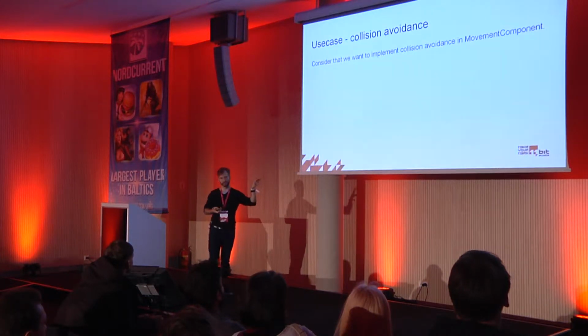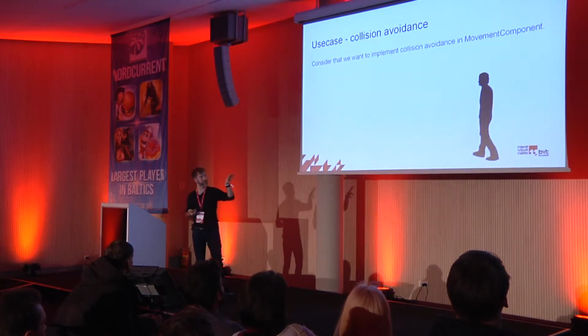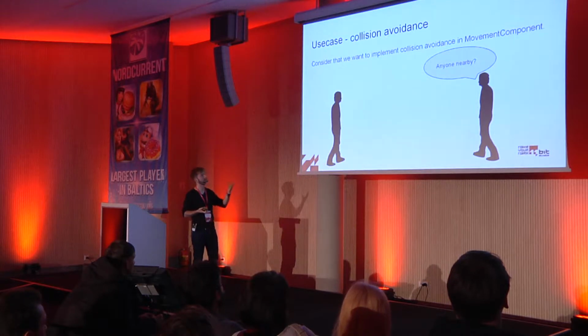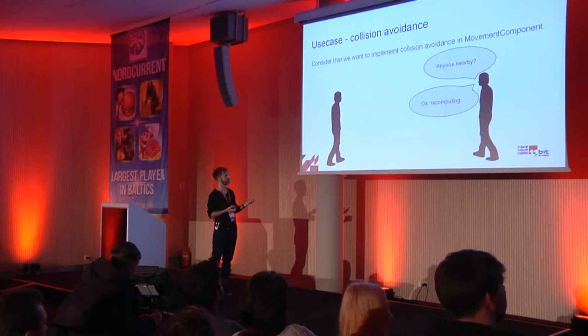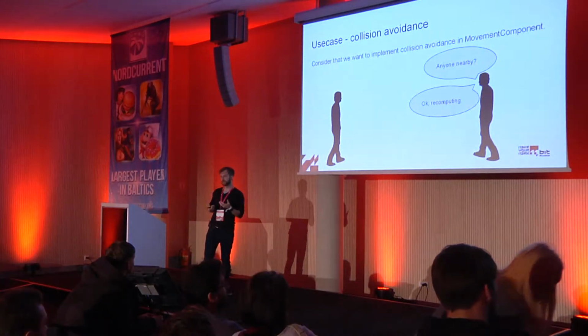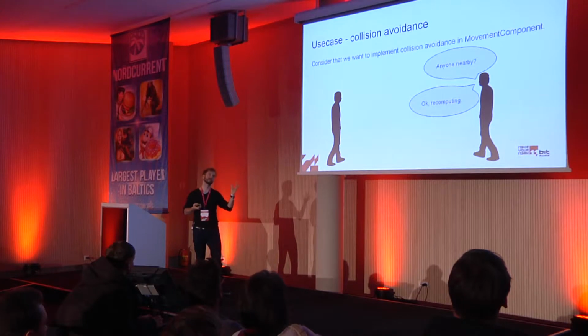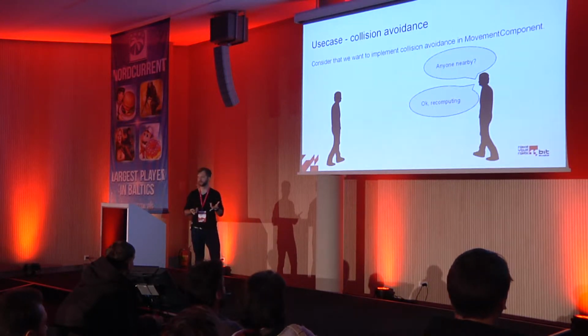We had it updated, and then the update comes to the next agent, and he asks the same question: "Is anyone nearby?" He finds the other agent, and he recomputes his velocity vector. Of course, what that means is that we do the same operations twice, right? So it's not a very performant solution.